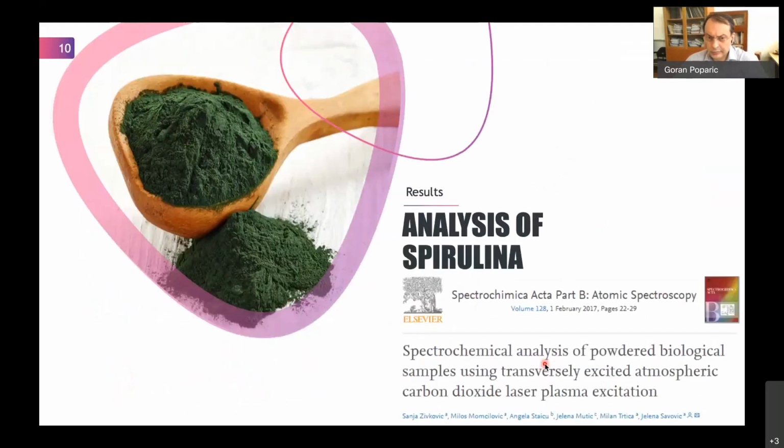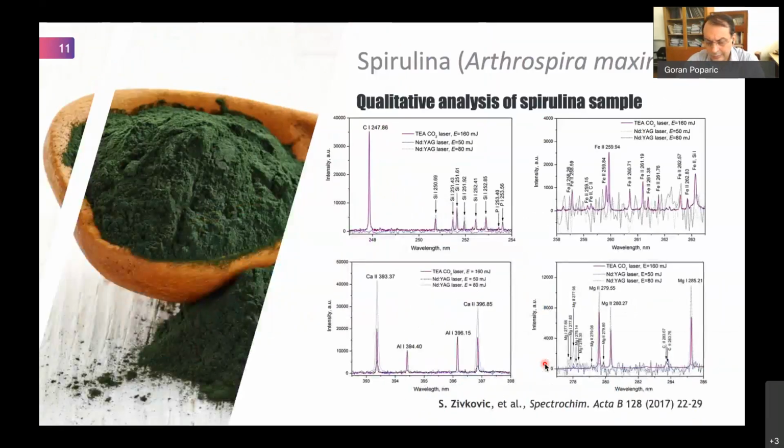Next thing we wanted to analyze is spirulina, which is a blue-green algae used as a food supplement, and it's labeled as a food for astronauts because it's rich in proteins and minerals such as iron. So we first performed a qualitative analysis of the spirulina.